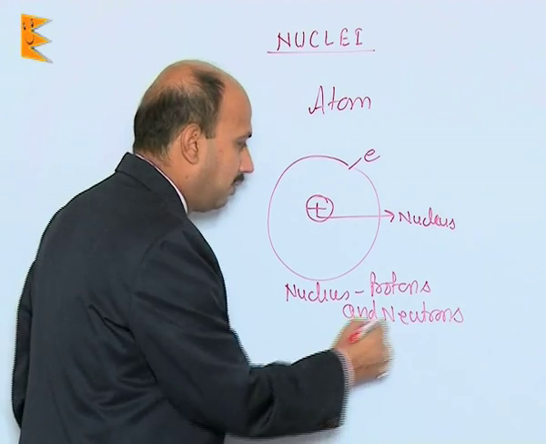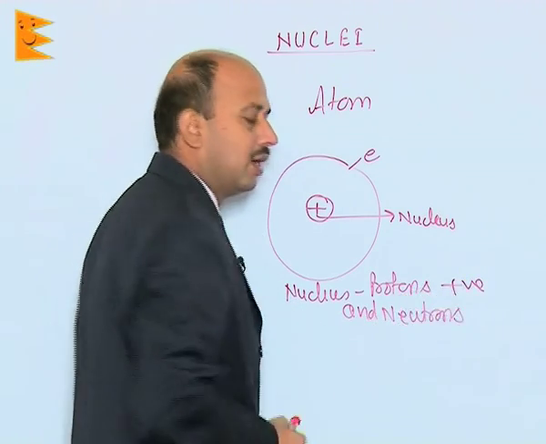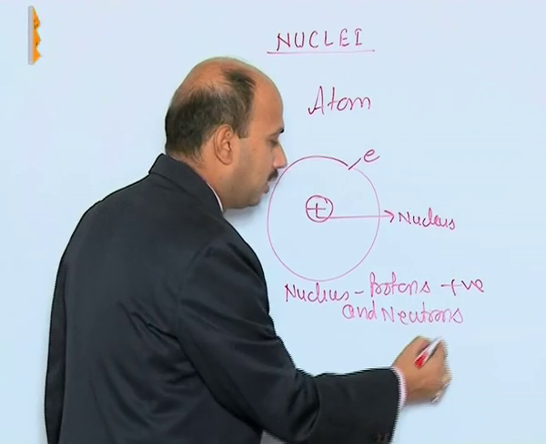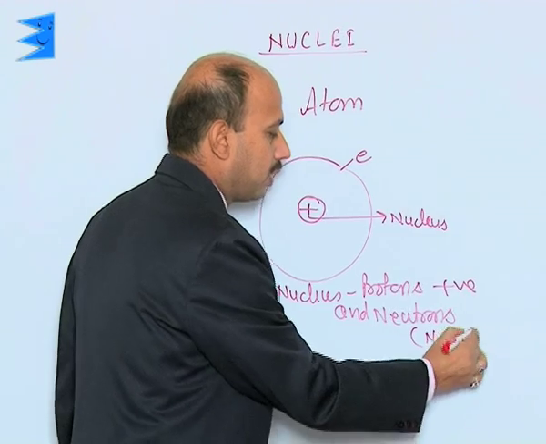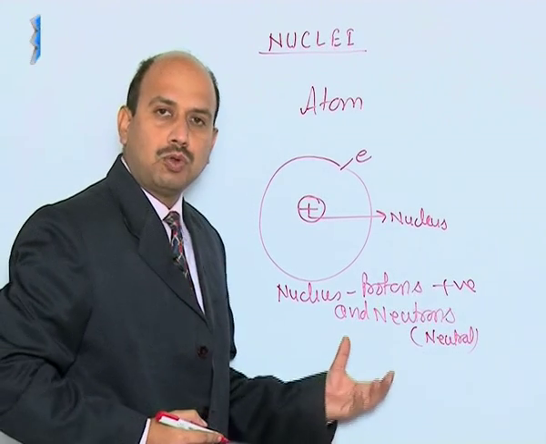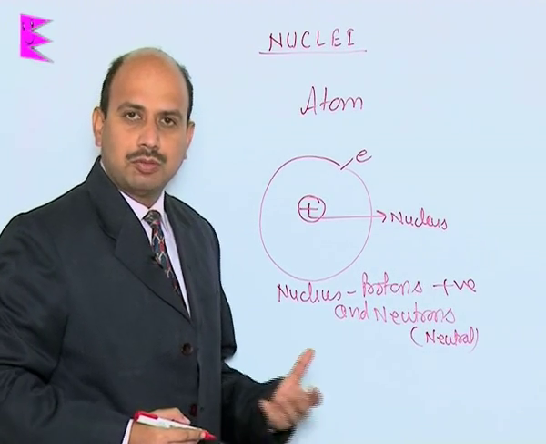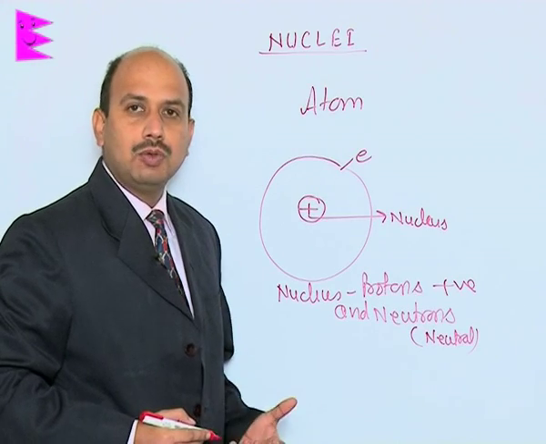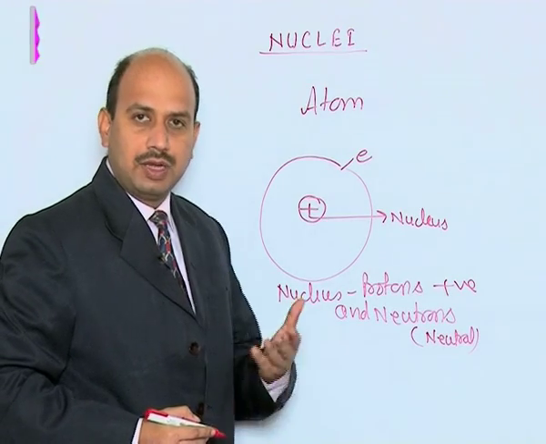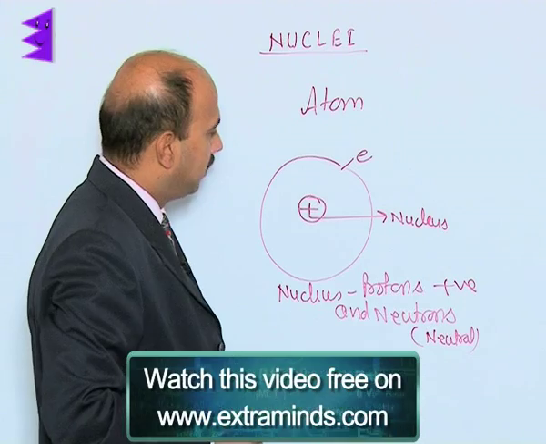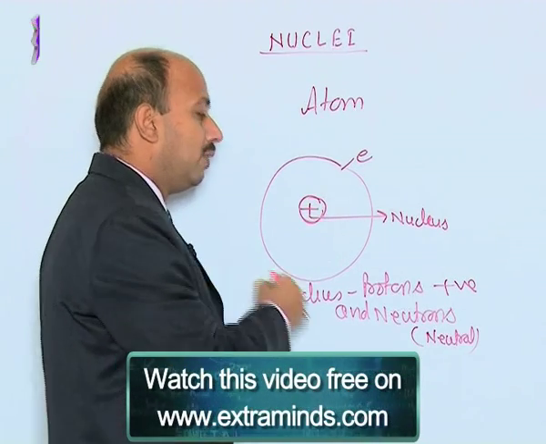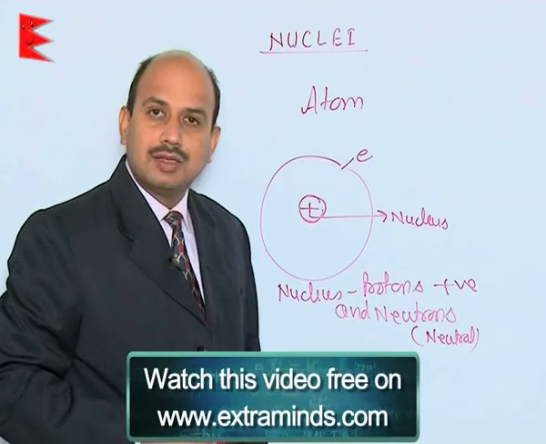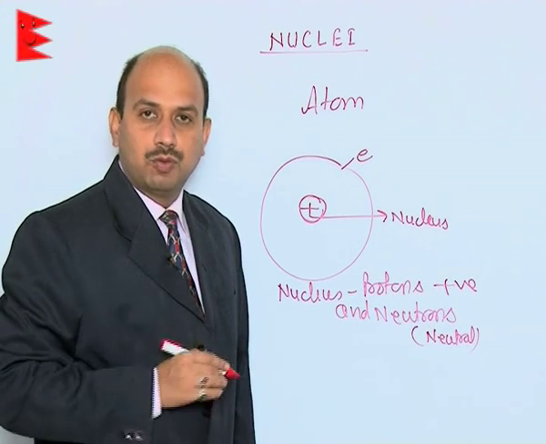Protons are positively charged, and neutrons are neutral, with no charge. But the masses of the proton and neutron can be taken as approximately equal, around 1 AMU, that is 1.67 into 10 raised to power minus 27 kg. And whatever protons and neutrons are there, they are bound due to the nuclear force.